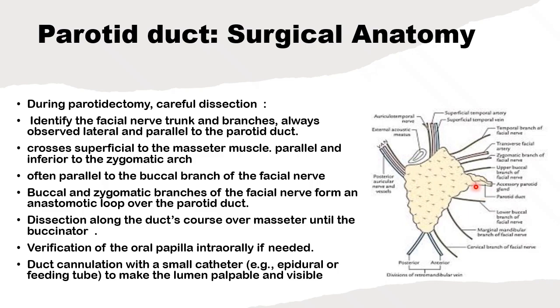And then the duct itself would always be inferior and parallel to the zygomatic arch, in very close proximity to three branches of the facial nerve that lie in a slightly more lateral plane to the duct, but they all course parallel to the parotid duct. These are the lower buccal branch, the upper buccal branch, and the zygomatic branch of the facial nerve. These three branches would lie in close proximity to the duct, and they are always parallel to it.